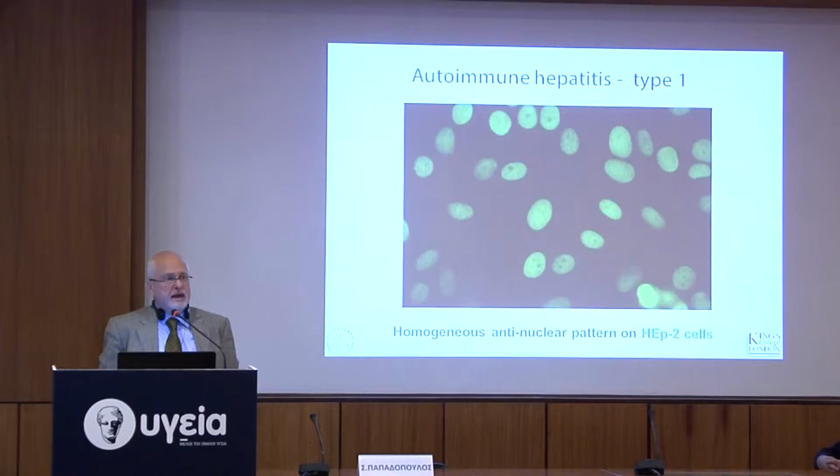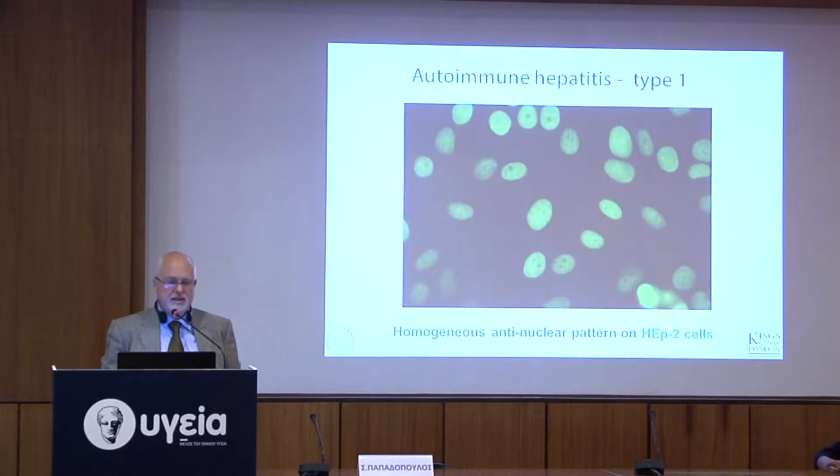Going back to autoimmune hepatitis type 1, anti-nuclear antibody, if you want to see the pattern of anti-nuclear antibody, you need to use these peculiar cells, HEp-2 cells. What you see stained is the nucleus. They are used because these cells have a very large nucleus.